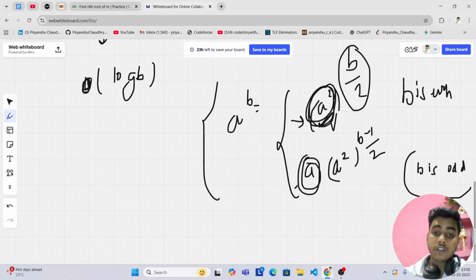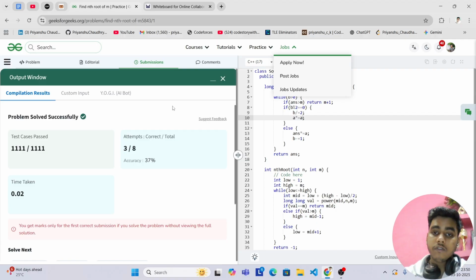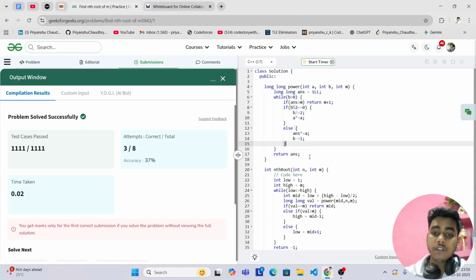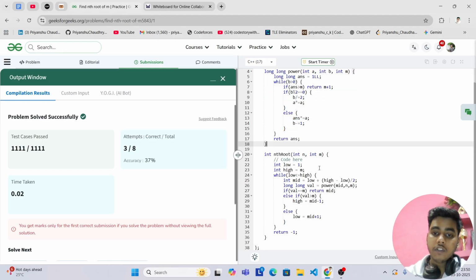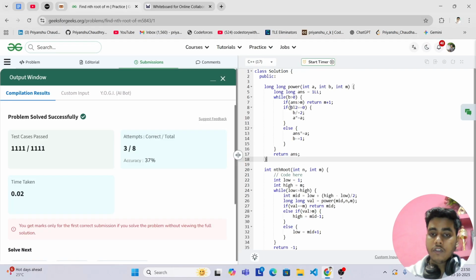Actually, I mostly get the wrong answer while writing the iterative code, because recursive code is very transparent, but iterative code saves our stack space complexity. The problem was just when b is even, we have to square a and divide b by 2, and when b is odd we have to multiply the answer by a and decrease b by 1.